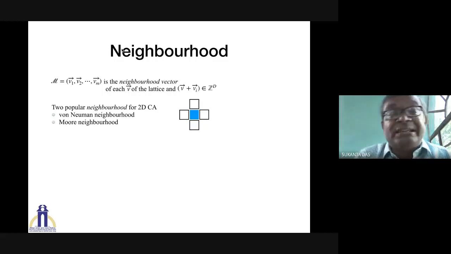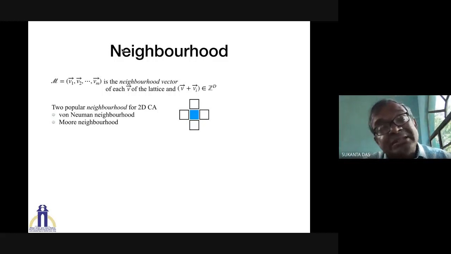These are the immediate cells of the blue one. This configuration is called the von Neumann neighborhood.